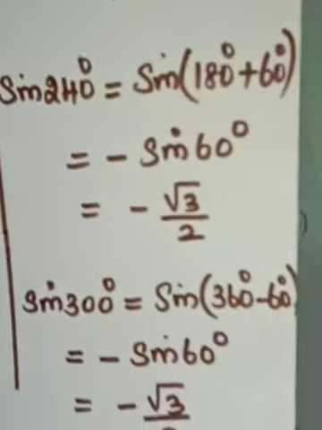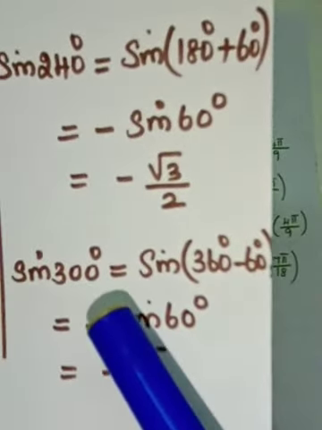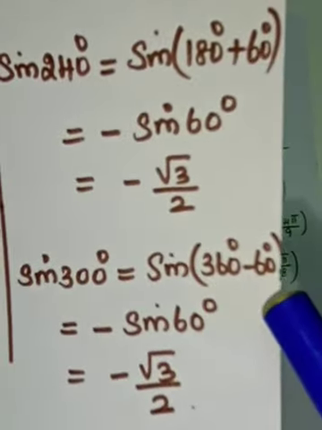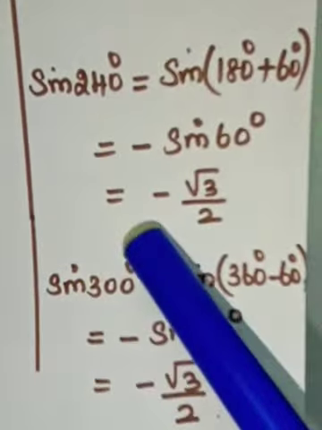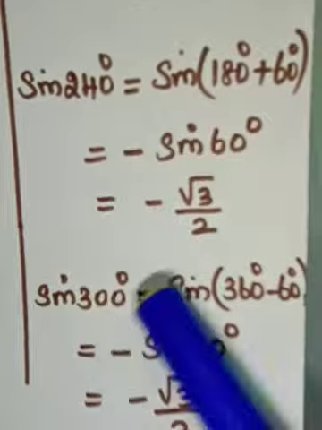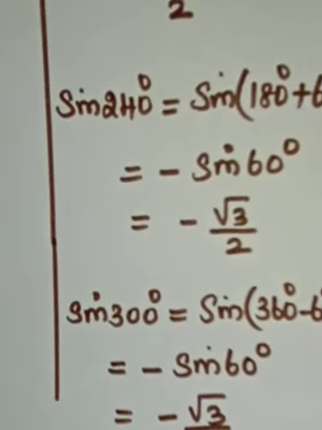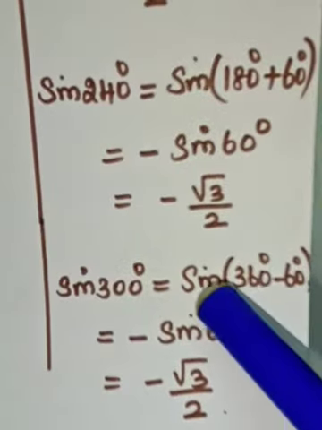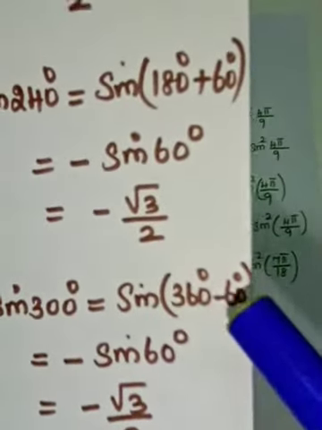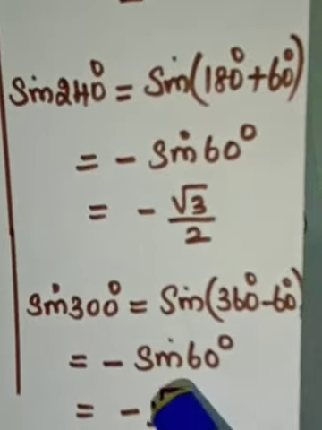And one more I can consider. What it is? Sin 300. Sin 300 can be written as sin 360 degree minus 60 degree. 300 lies in which quadrant? Fourth quadrant. In the fourth quadrant, which are positive? ASTC rule. Cos and secant are positive. So here what is given? Sin is given. So it is minus. And 360 degree is an even multiple of 90 degree. So I have written as sin 60 degree.